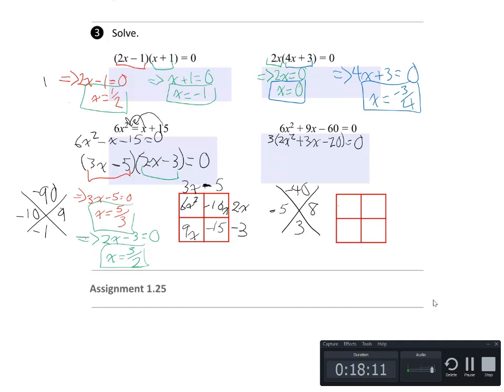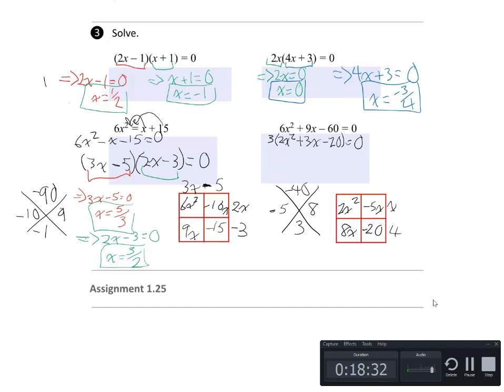So this will be 2x squared. Our next one, I can use negative 5x and 8x, and then I sub in my c value. My c value is negative 20. Perfect. Now I'm going to collect like terms. I get x and 4 here.